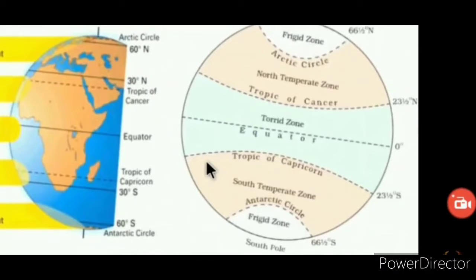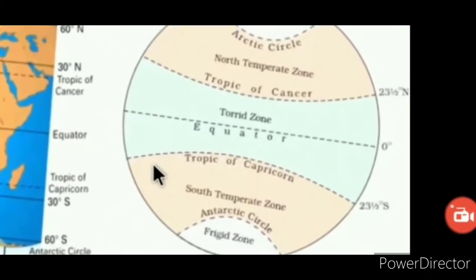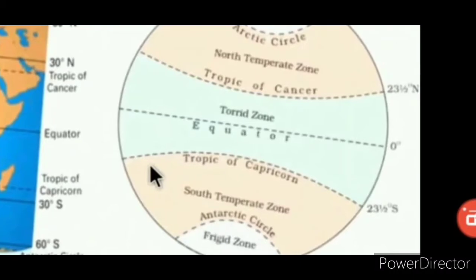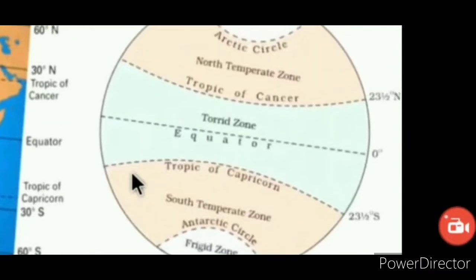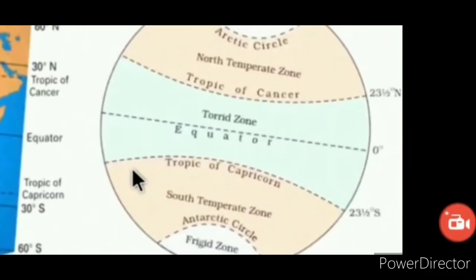Here one globe is shown to you, and in the middle is 0 degree, that is the equator. On the north side the Tropic of Cancer is given at 23.5 degree north, and 23.5 degree south is the Tropic of Capricorn.